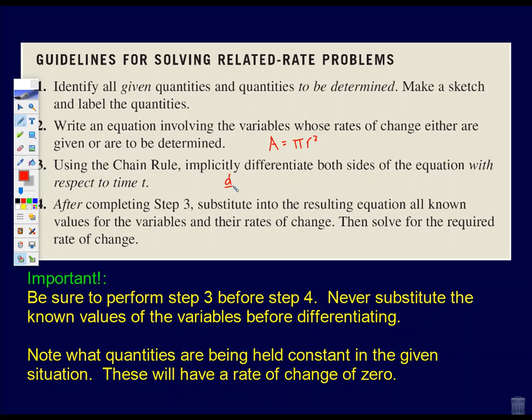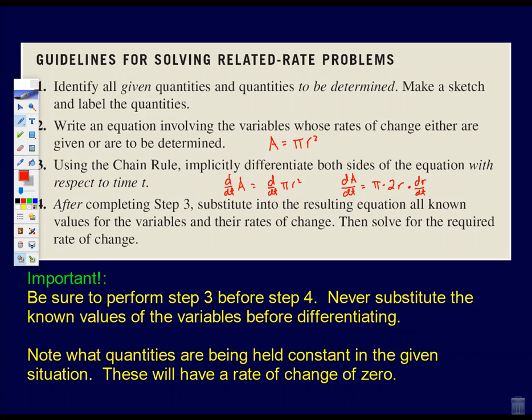So I took the derivative of A, and I took the derivative of pi r squared. And that resulted in the equation dA/dt equals pi times 2r times the derivative of r. And I wrote the derivative of r as dr/dt. And that was based on the chain rule.